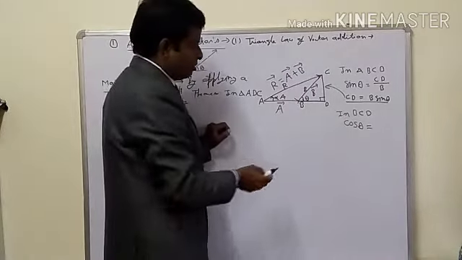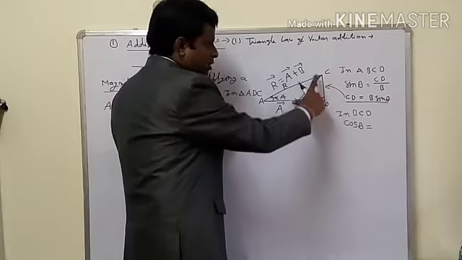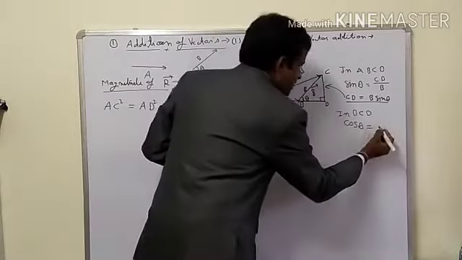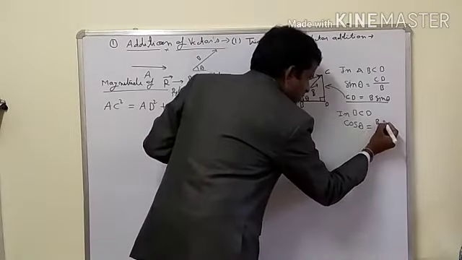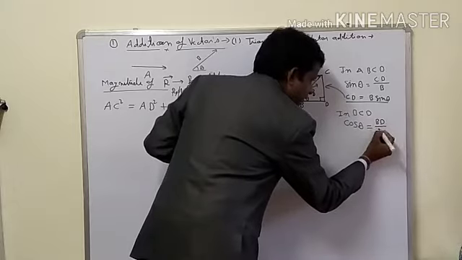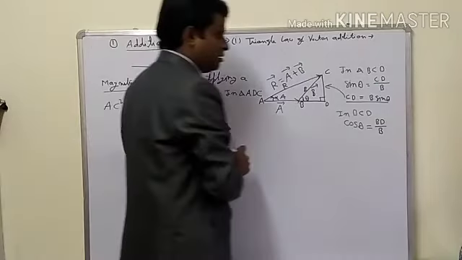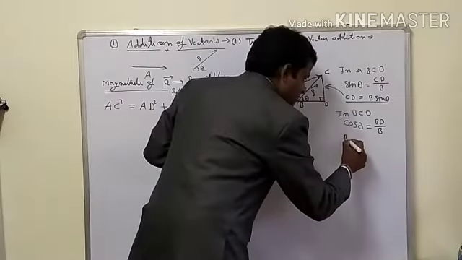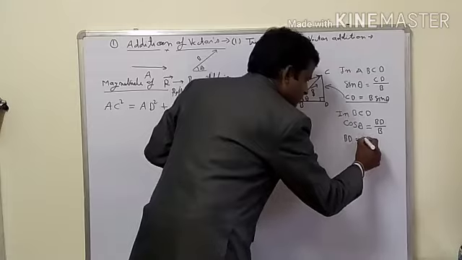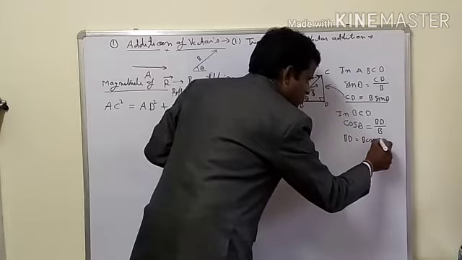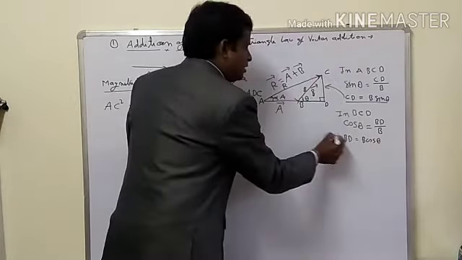Cos theta is what? Base BD upon hypotenuse BC. So base is BD, and hypotenuse is the magnitude of vector B. So BD will become B cos theta. This is the length of BD.